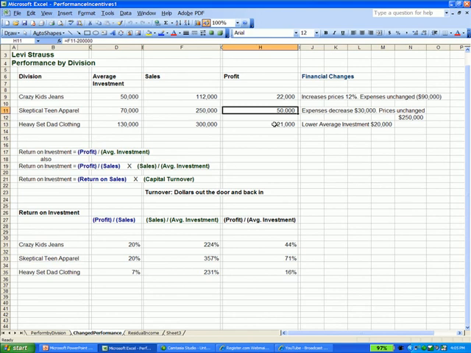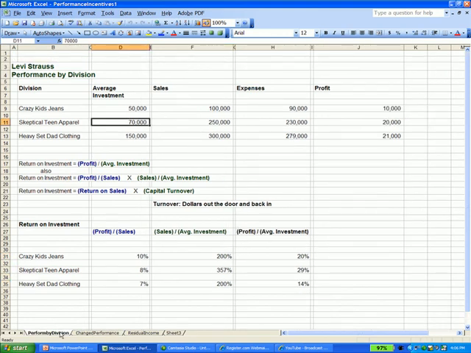Profit stays the same. Based on those changes, you'll see that our return on investment, our profit divided by average investment, goes up in all 3 cases. Before we were at 20, 29, 14, reading down the far right-hand column.